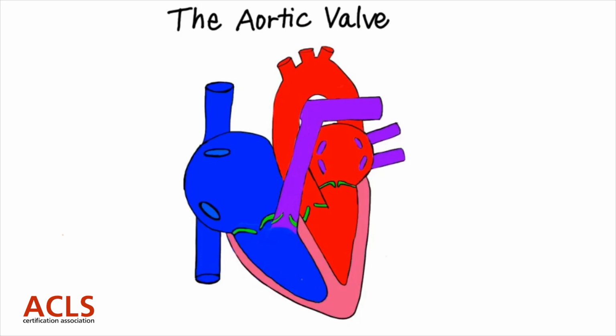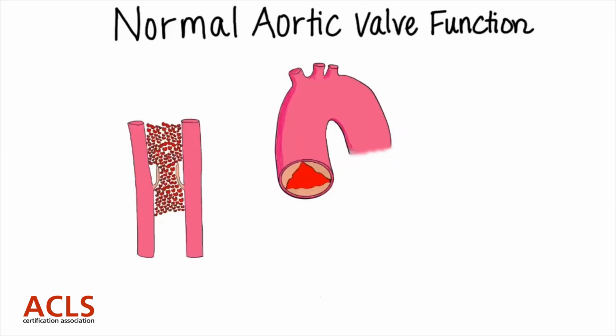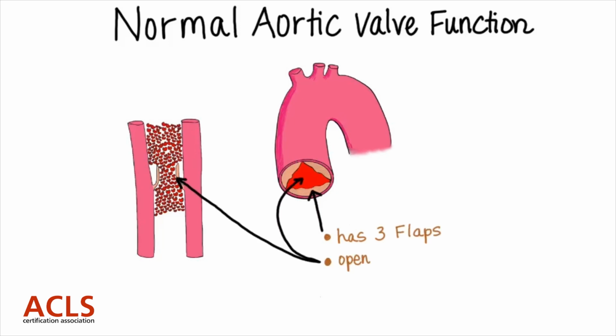The aortic valve is located between the left ventricle and the aorta. A healthy valve has 3 flaps and opens smoothly and quietly to allow blood ejection during ventricular systole.